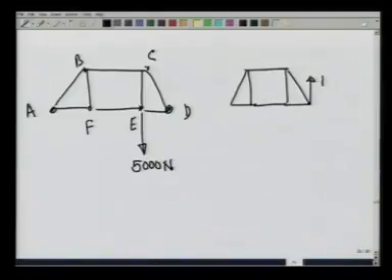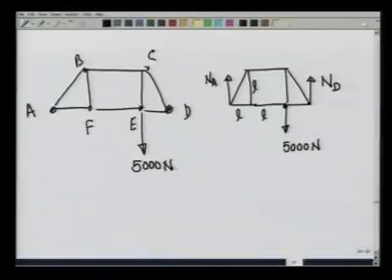Let the normal reaction at D be ND, let the normal reaction at A be NA, and there is this force acting downwards of 5000 newtons. I have not been careful in making this to scale, but let the length of these small straight rods be L, so that this diagonal rod is L root 2, this length is also L root 2 and so on.